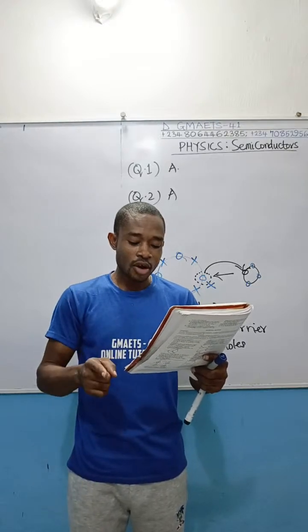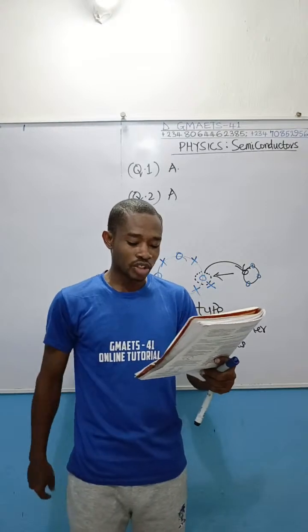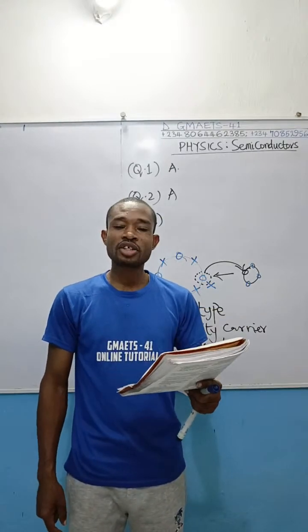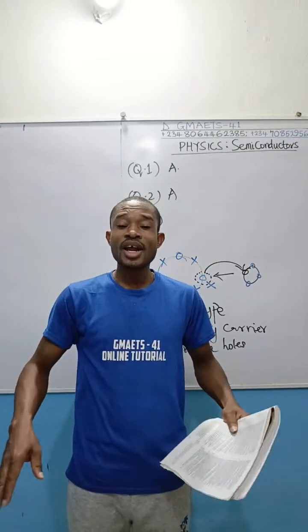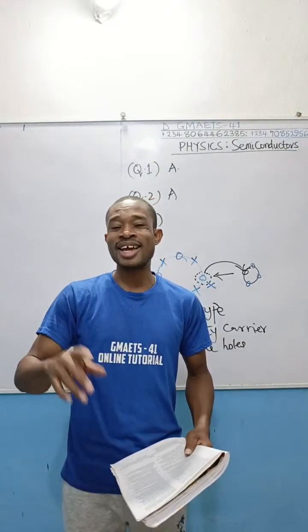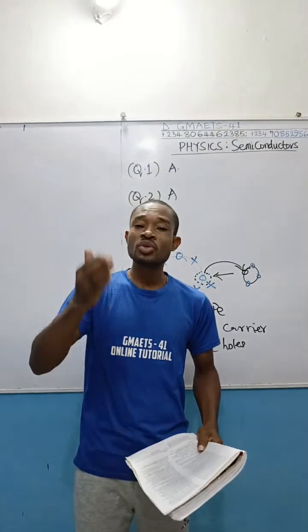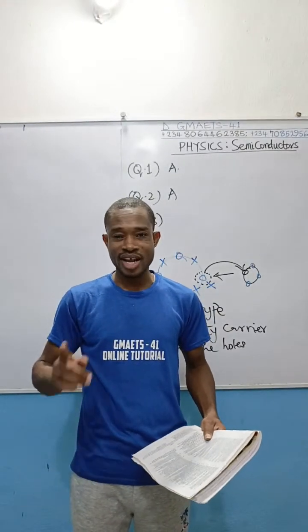D. Electrical resistance of both types of semiconductor increases with temperature rise. This is not true. For semiconductors generally, whether pure or doped, P-type and N-type, the relationship between temperature and resistance is inverse, not direct.